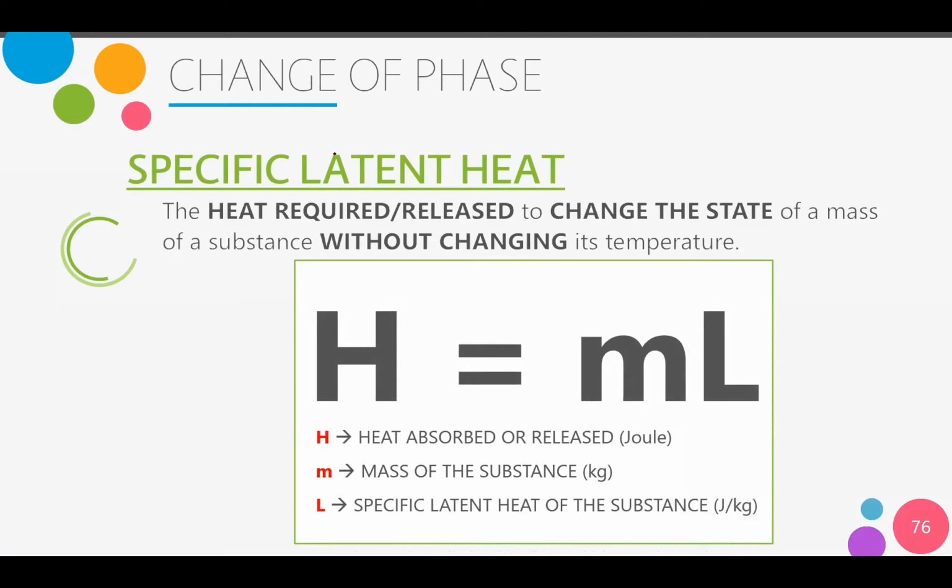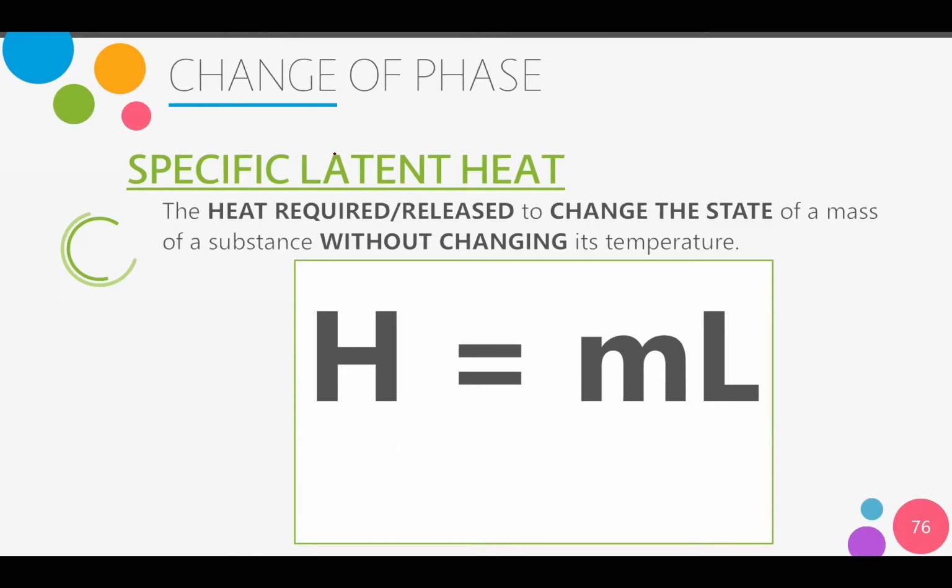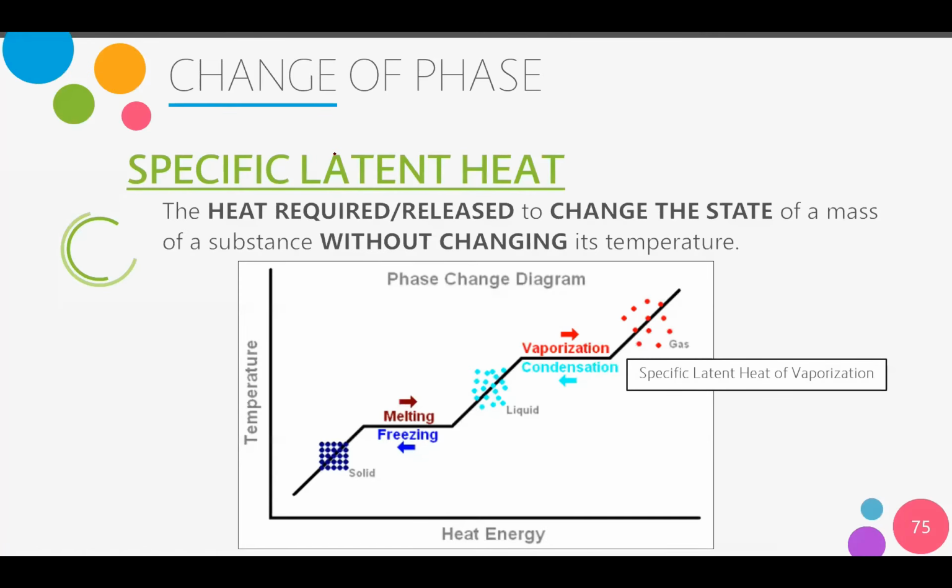And in the specific latent heat, we have two types of specific latent heat. So the first type is the heat of vaporization, which consists of liquid gas relation.